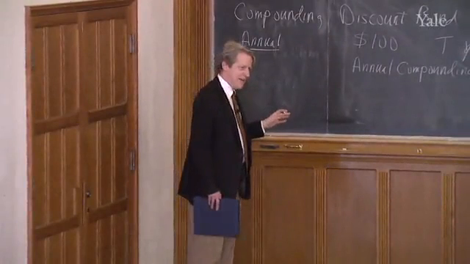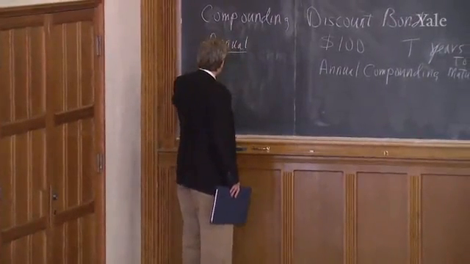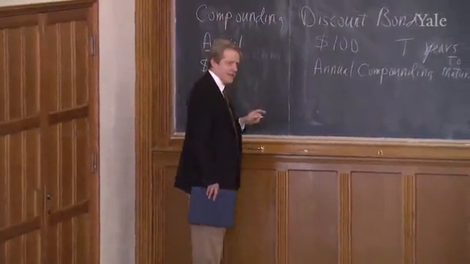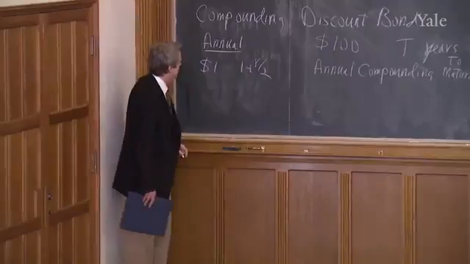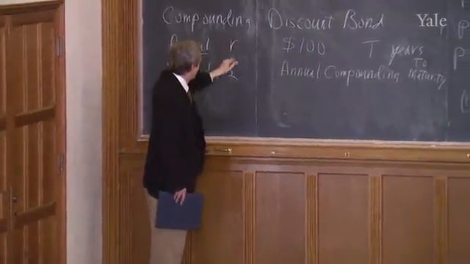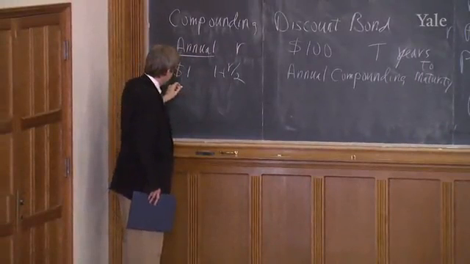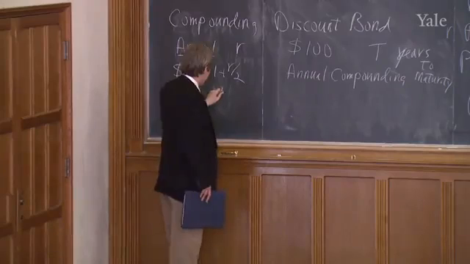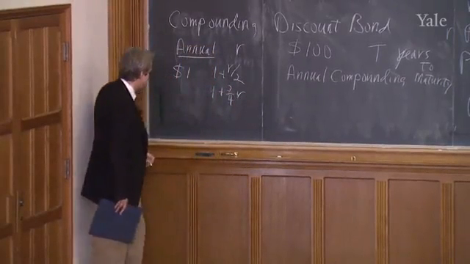You put your money in today. Half a year later, if you put in $1 today, you'll have 1 plus R over 2 dollars, with an interest rate R. Three-quarters of a year later, you'll have 1 plus 3/4 R dollars.